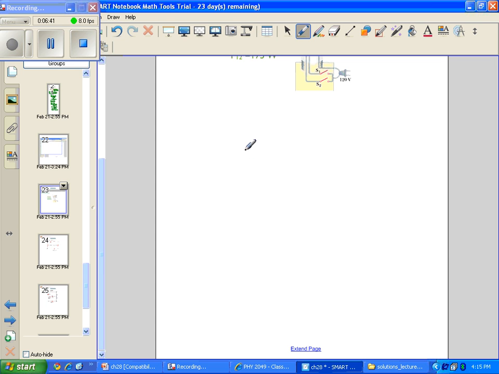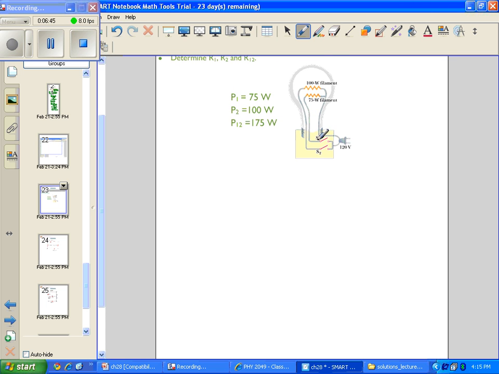R1 and R2 in parallel because if you look at the switch here, when S1 is closed but S2 is open, we have current that only flows through the 75 watt filament. When S1 is open and S2 is closed, we have current that flows only through the 100 watt filament.